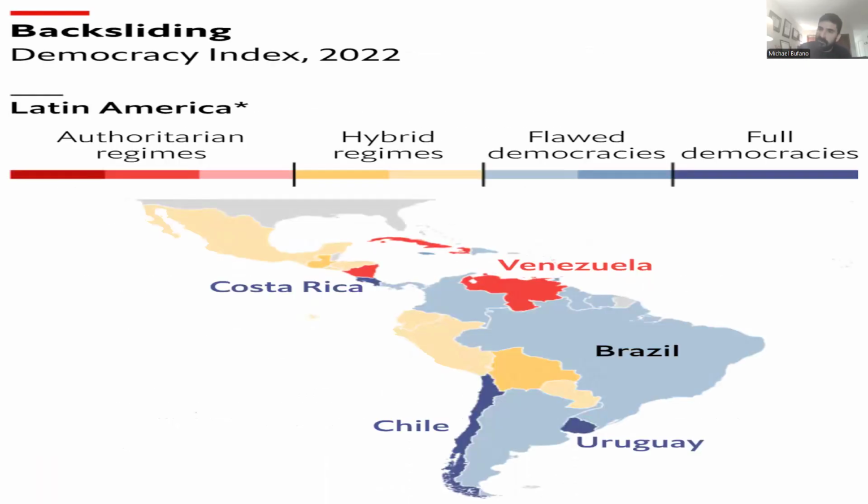By the way, here is a map of the different regime types across the region according to the democracy index. As you can see, our strongest democracies are in Uruguay, Chile, and Costa Rica. Very competitive elections, a robust middle class, a strong civil society. Other countries have elections, but there are also flaws with the electoral process.